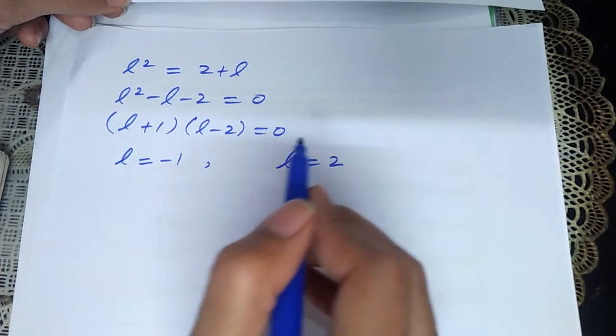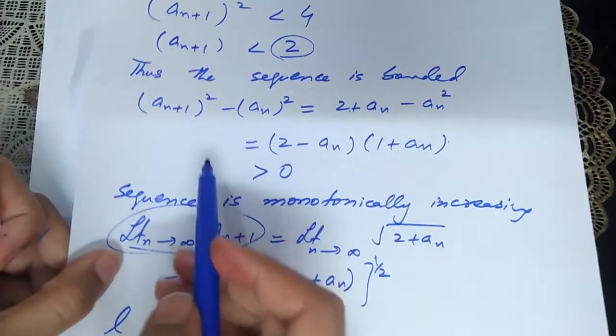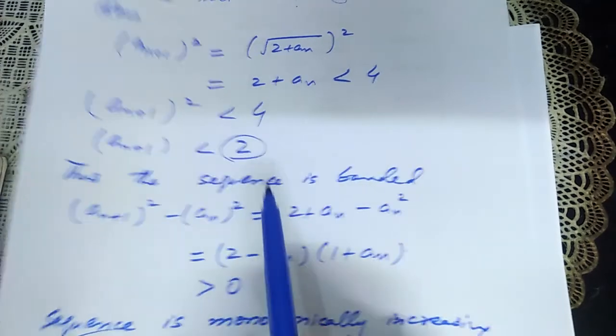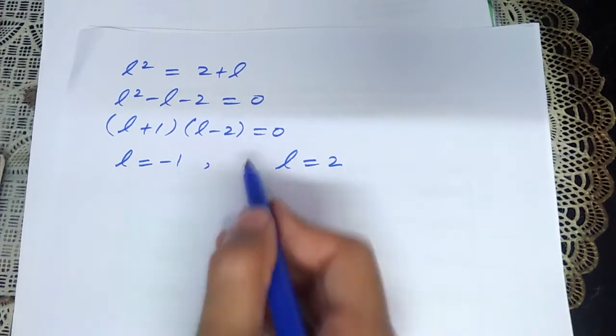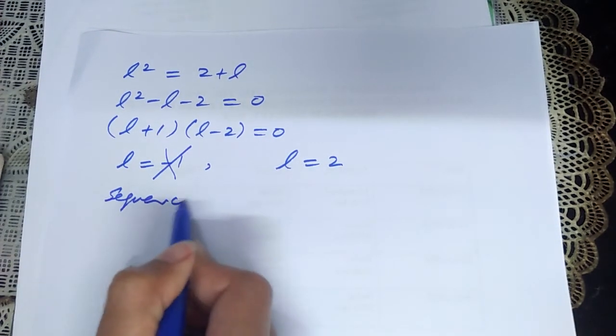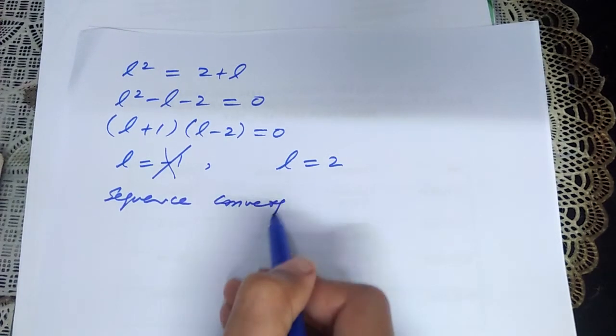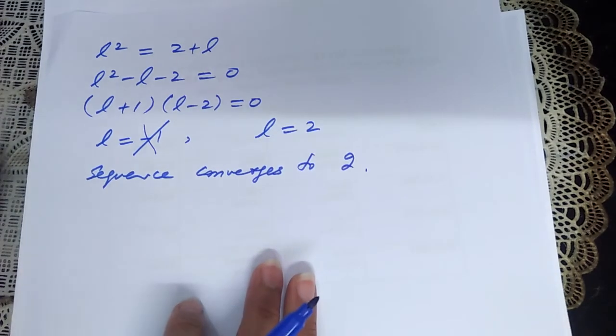The limit is basically greater than 0 because here you see that it is bounded above by 2 and also it is monotonically increasing, so the limit will be greater than 0. So it means this is not possible. So my sequence is convergent. Sequence converges to 2. So this is the answer for your question number 20.